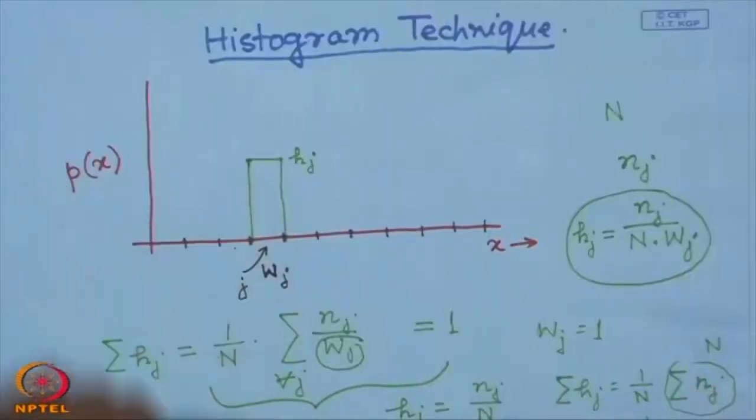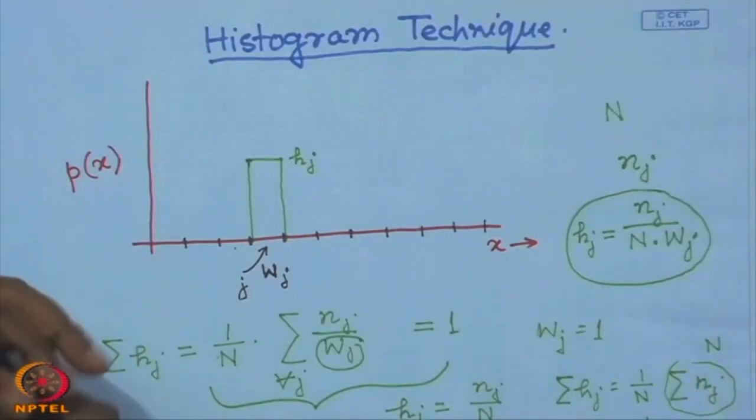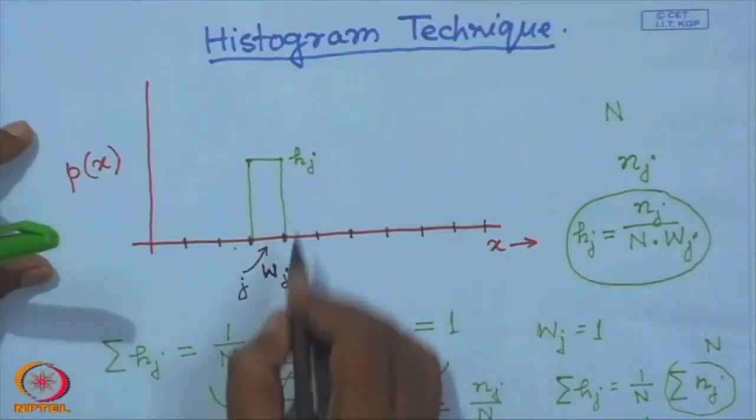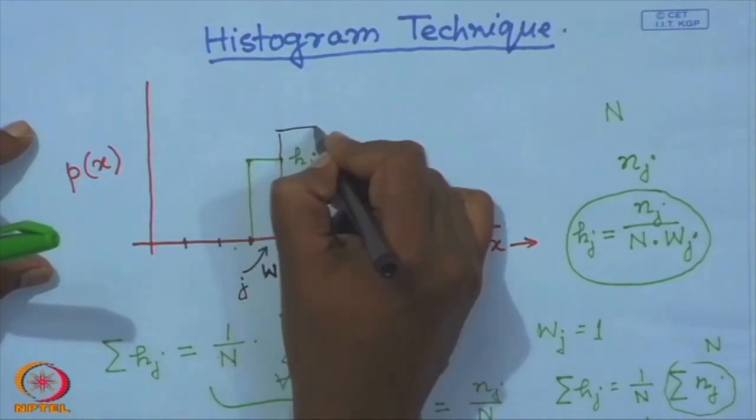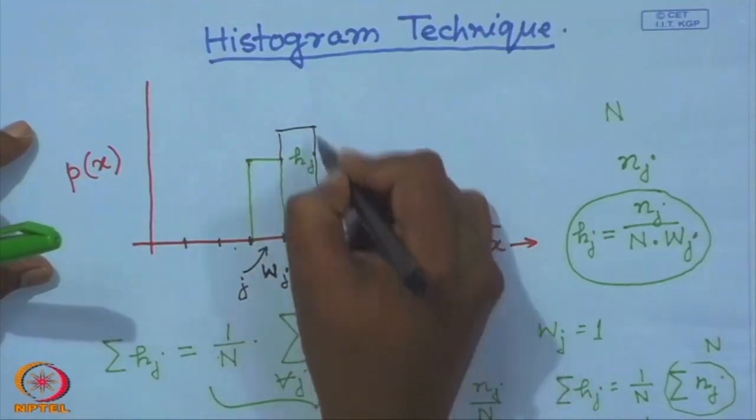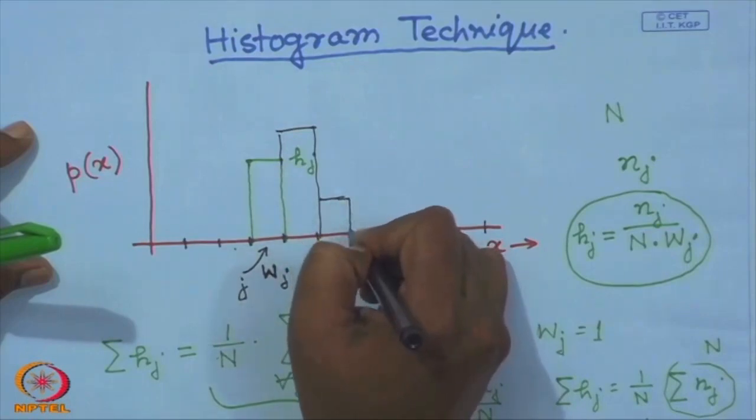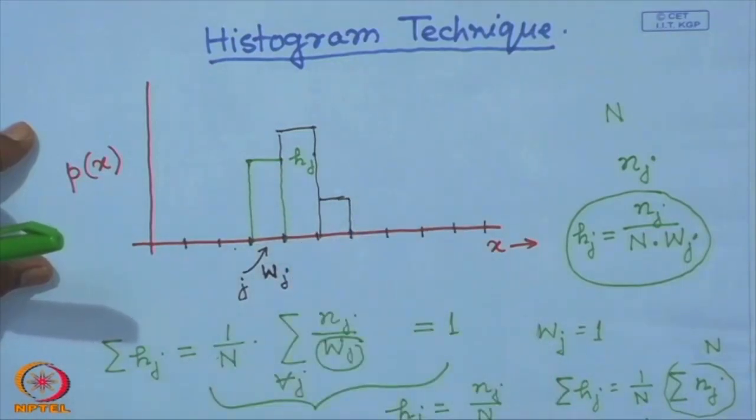So, once I have this kind of estimate, say this h_j is the probability density for this jth interval, this is the probability density of the j plus first interval, this may be the probability density of the j plus second interval, and so on.